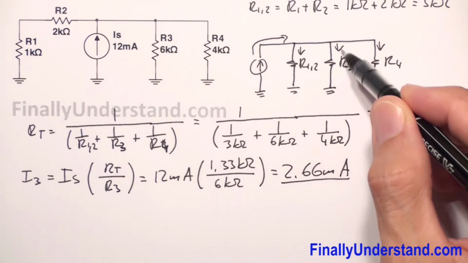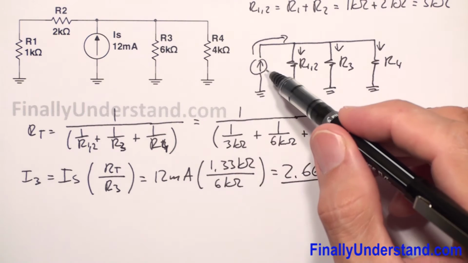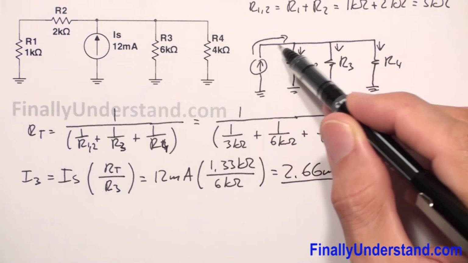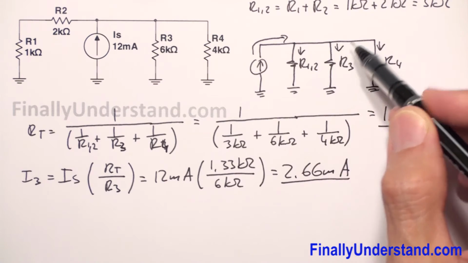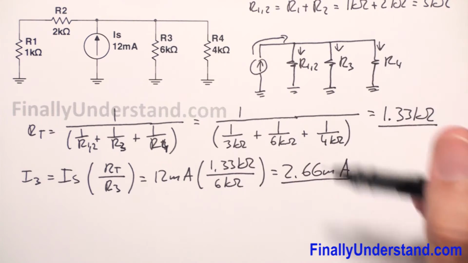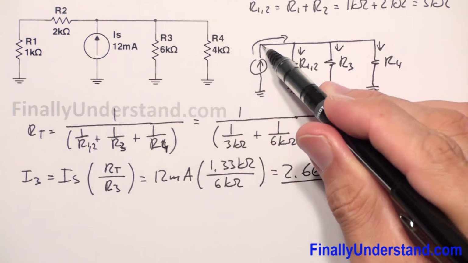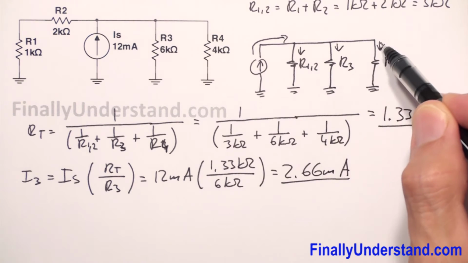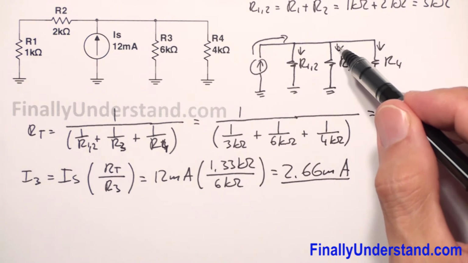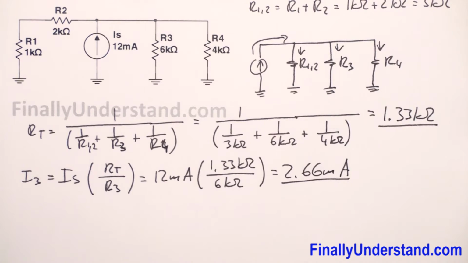Imagine this is water flowing, so the water is going to go like this. The current is pushed up, and after that it has to go to the ground. That's why the current is going to go from the top to the bottom. So this is my I3 and the direction.